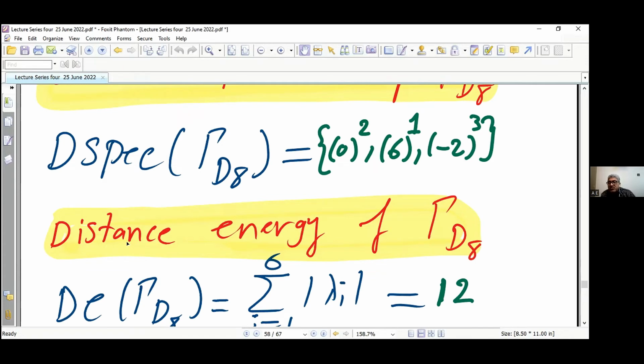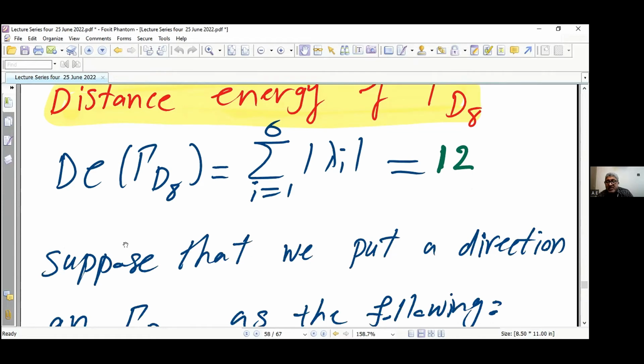That's also a tree. So for any two trees with n vertices, the determinants of the distance matrices are the same. This is a very interesting property of the distance matrix. All right.